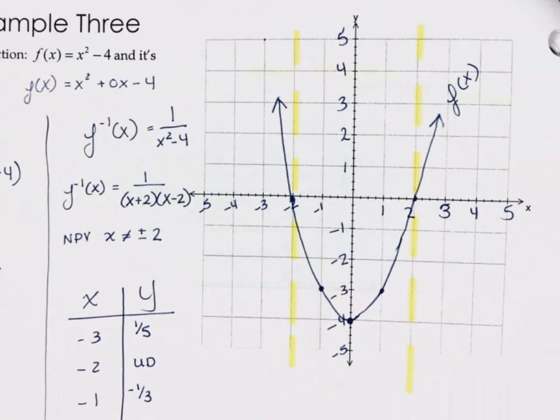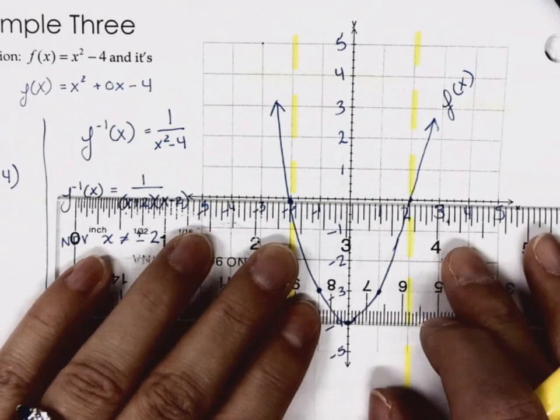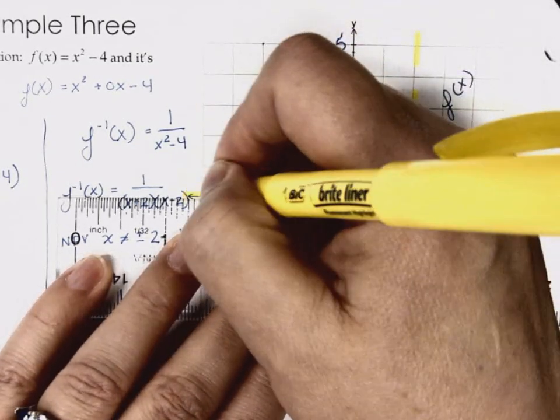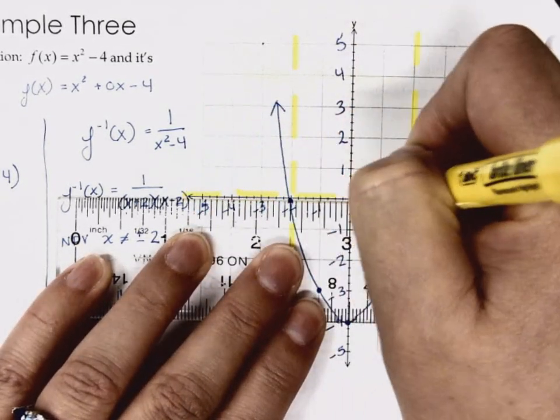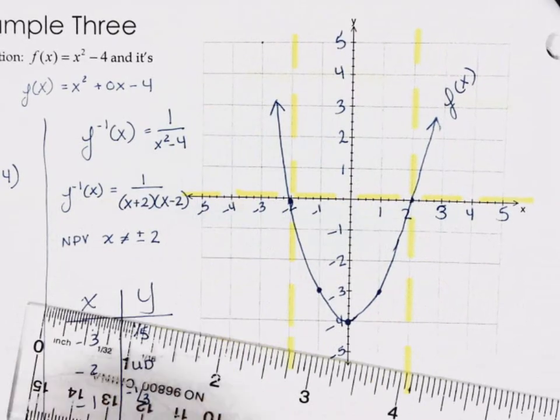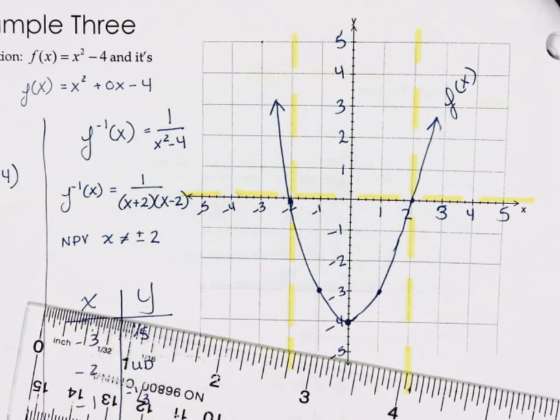Where's my horizontal one, everybody? 0. Y = 0. So we're just right on this axis. So your vertical ones will move, but your horizontal will stay where it is until we get to grade 12 and add a new layer to this, and then you'll get more smarts. Do those yellow lines show up okay? Yeah. Okay.